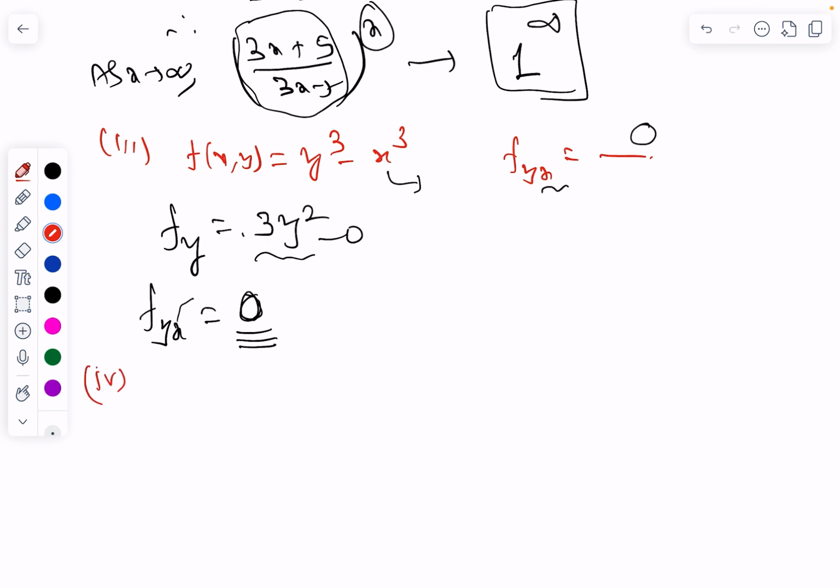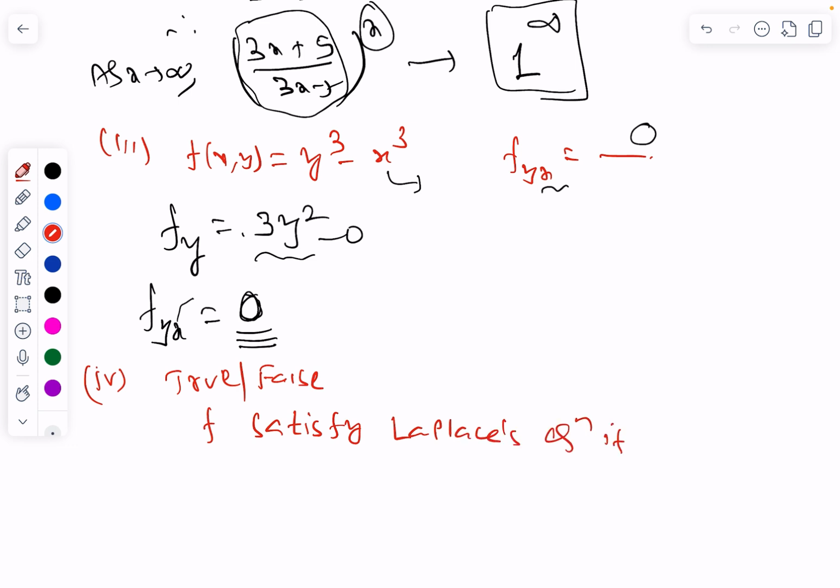Next, you have to say either true or false. F satisfies Laplace's equation if fxy equal to fyx.